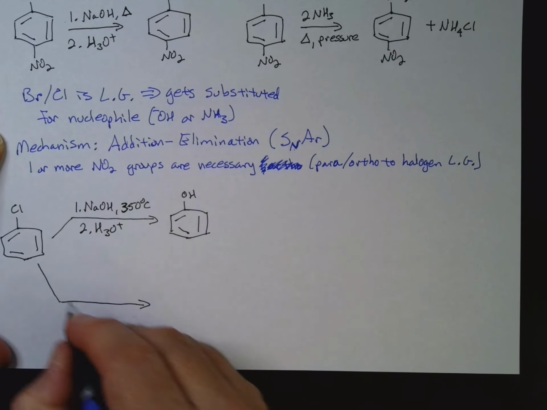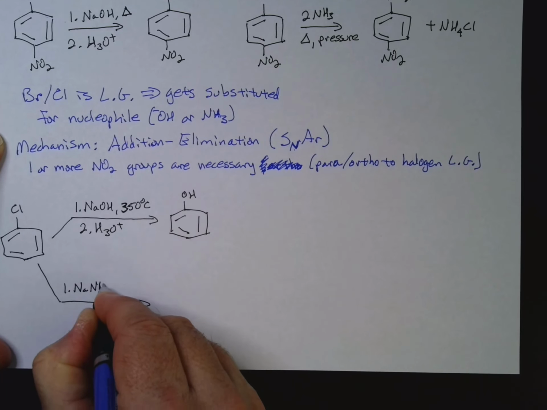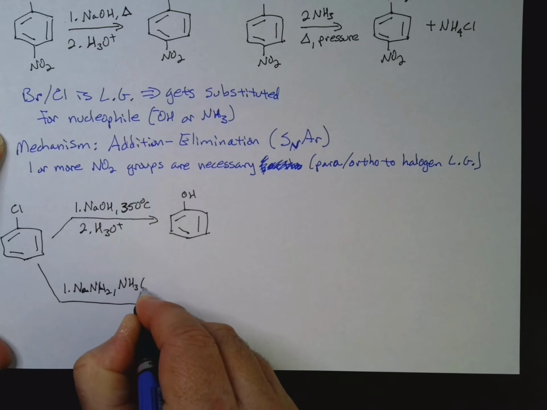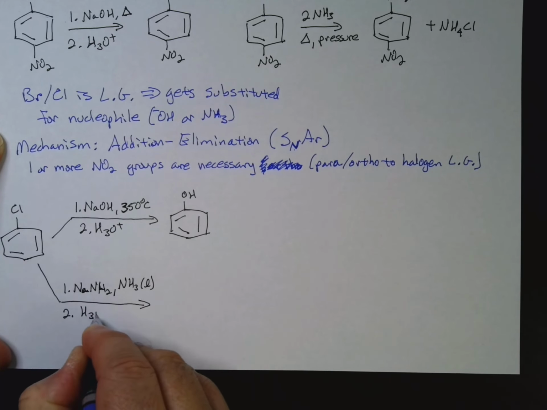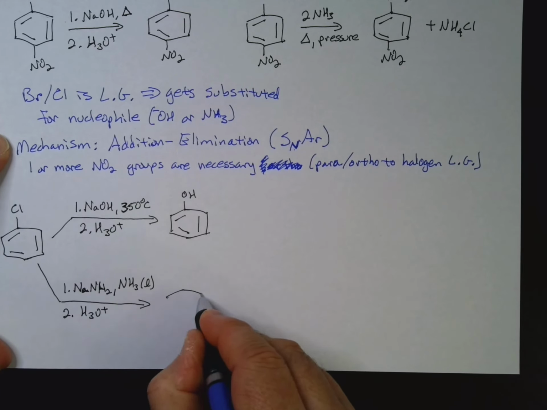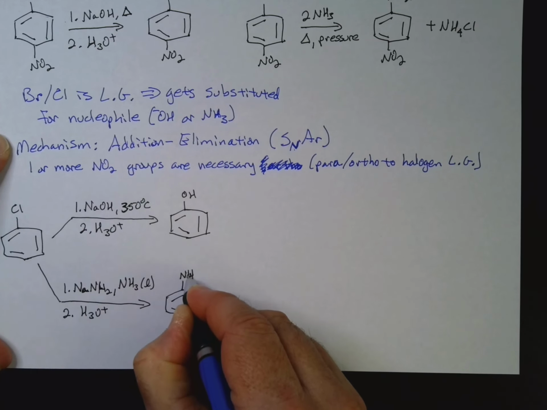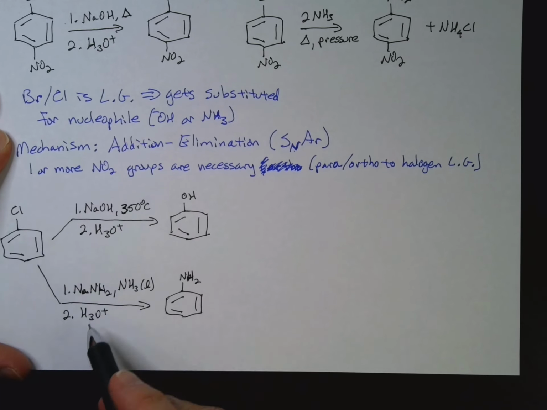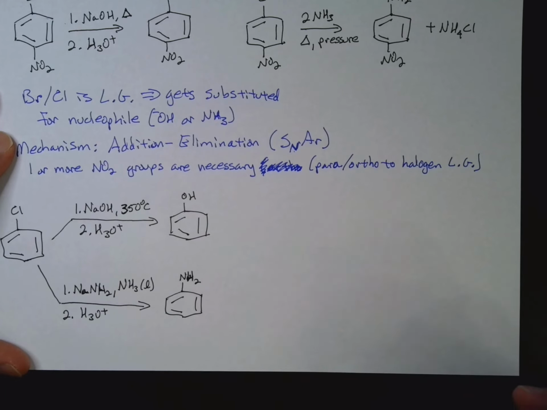We can also make aniline using NaNH2 and liquid ammonia followed by H3O+. But again, we have to use very stringent conditions here. You need heat and pressure for both of these.